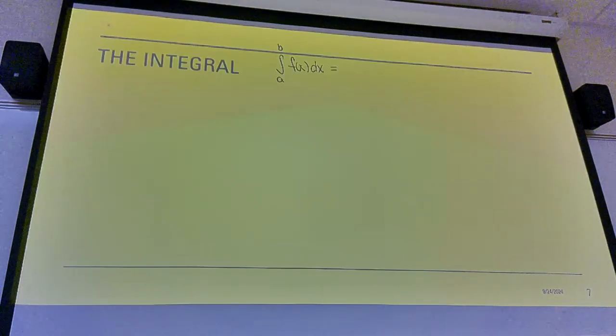What is an integral? I want to say the area under a curve, but I have a feeling it's not quite what we're looking for. You're not 100% correct.